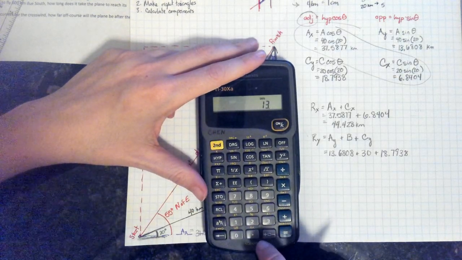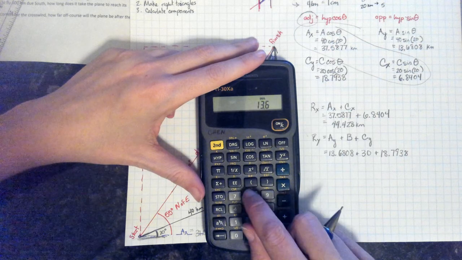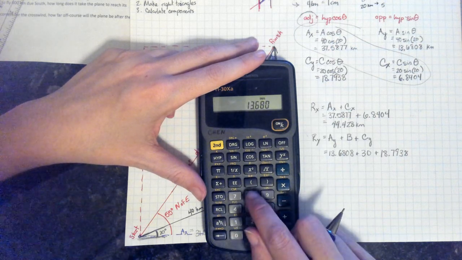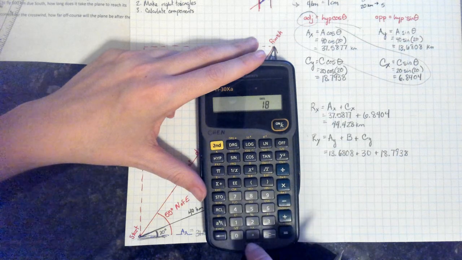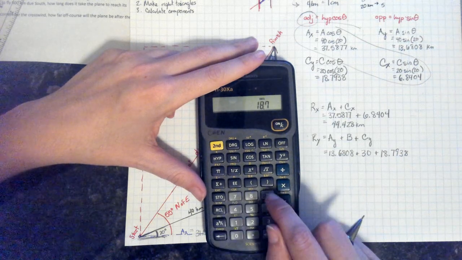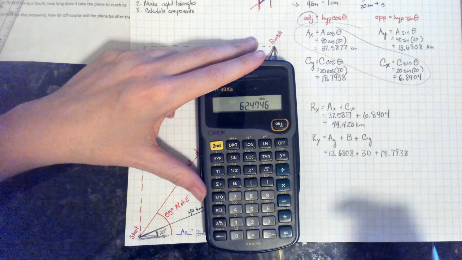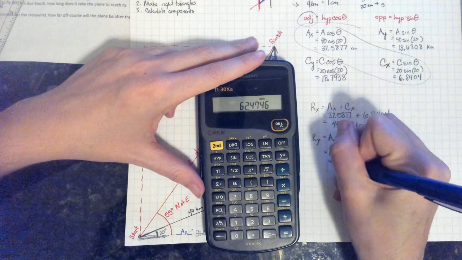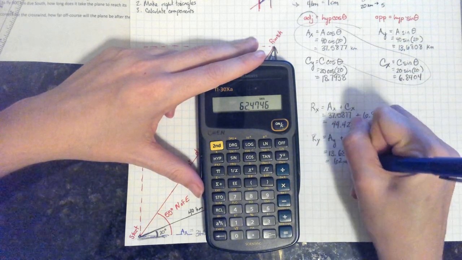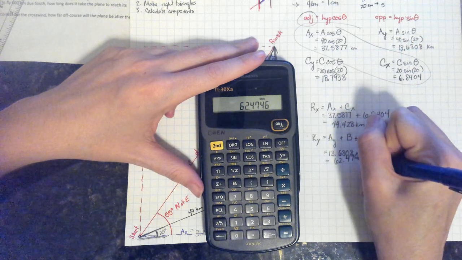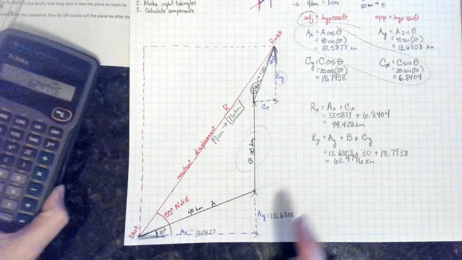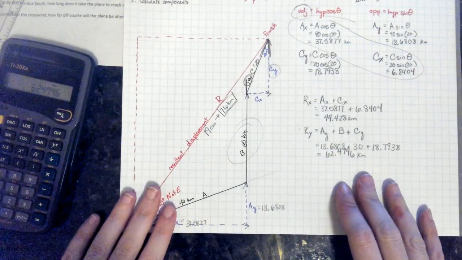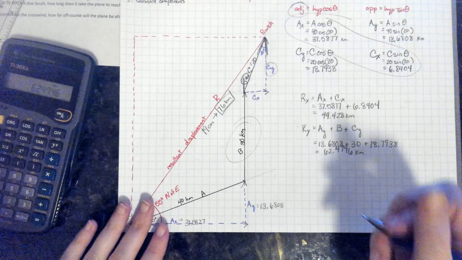So 13.6808 plus 30 plus 18.7938 is 62.4746 kilometers. Almost done. We're almost done with the major part of the calculations.